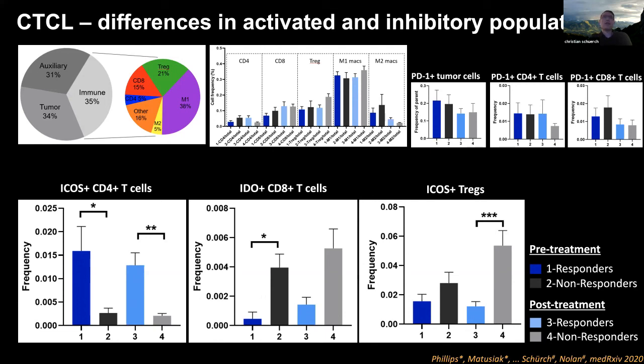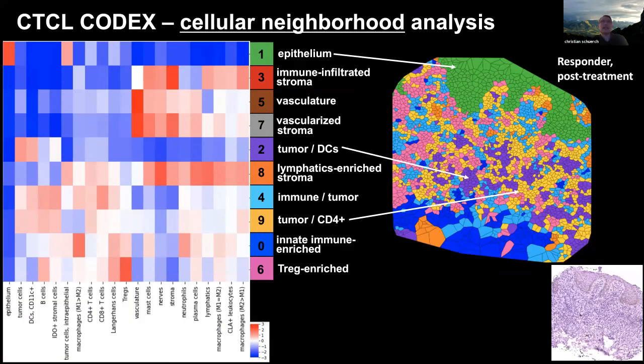So we created an algorithm to analyze cellular neighborhoods in the tissue, and a cellular neighborhood in this way is a patch of tissue in which each cell has a similar surrounding. So we did this algorithm, and as you can see here, we had 10 different cellular neighborhoods which were enriched in different cell types.